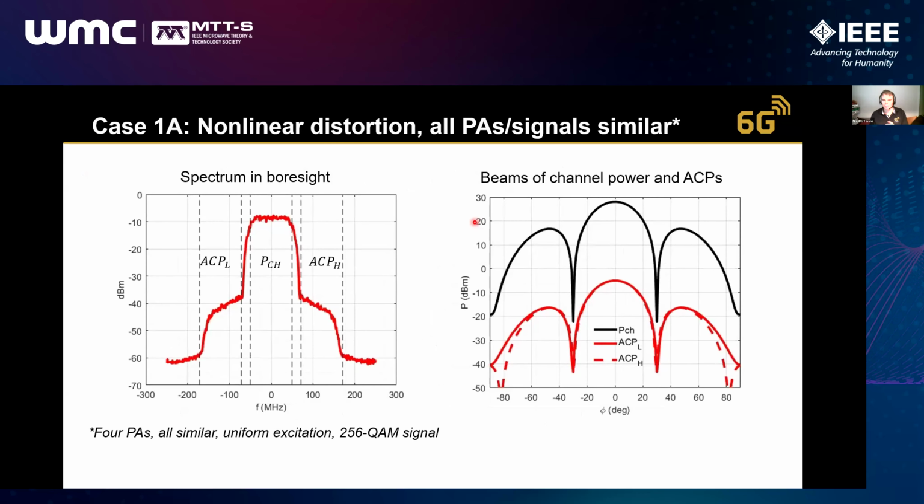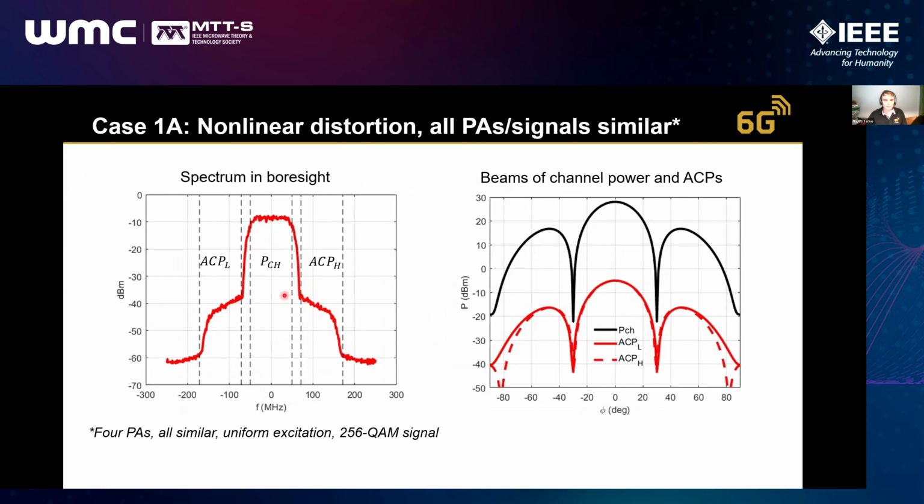When I combine these 4 antennas, four PAs, in the boresight, at 0-degree angle, I will see a spectrum. Of course, because I'm driving the PAs in a nonlinear region, I will see distortion in the adjacent channels, caused by intermodulation.